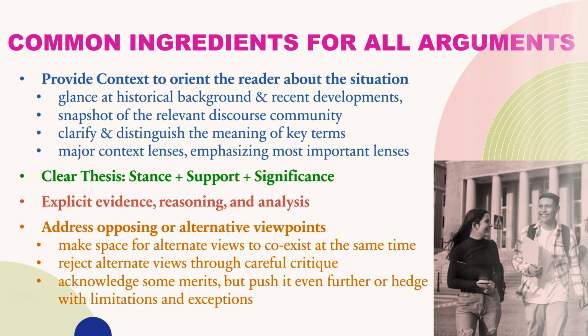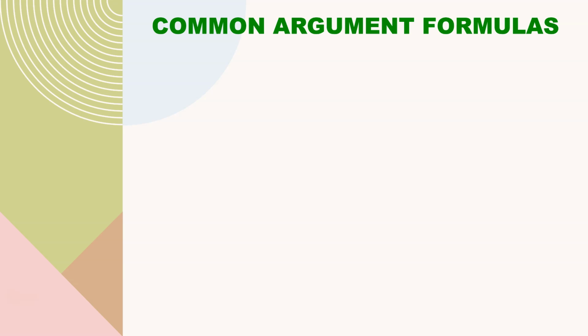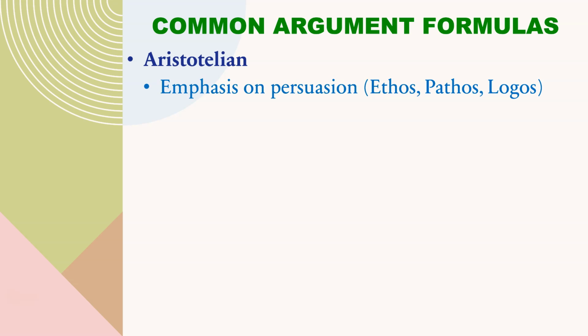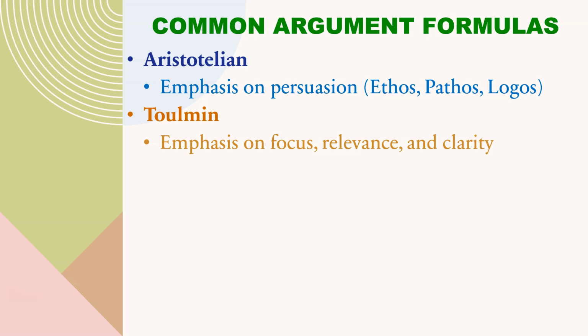Now we're going to shift into looking at some of the common formulas for mixing those ingredients. So we have the Aristotelian formula, which really emphasizes persuasion, that ethos, pathos, and logos that we've spoken about previously. The Toulmin formula, which really emphasizes, I would say, more like mechanical and technical accuracy, almost like a scientific focus on relevance and the clarity of the argument.